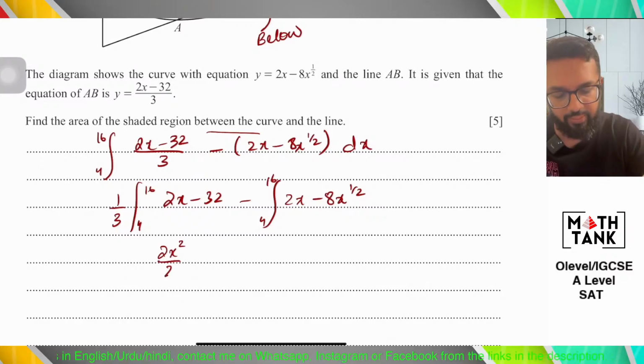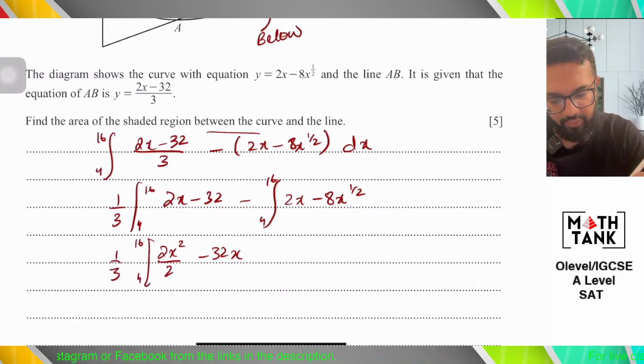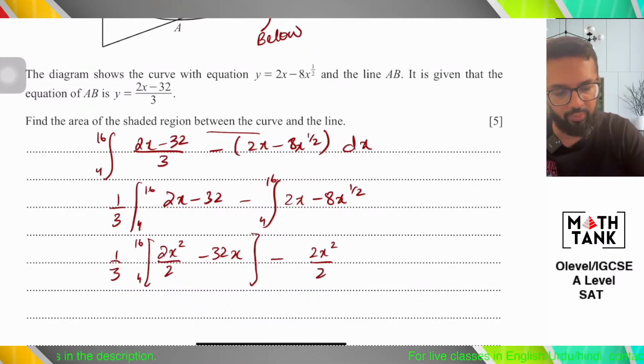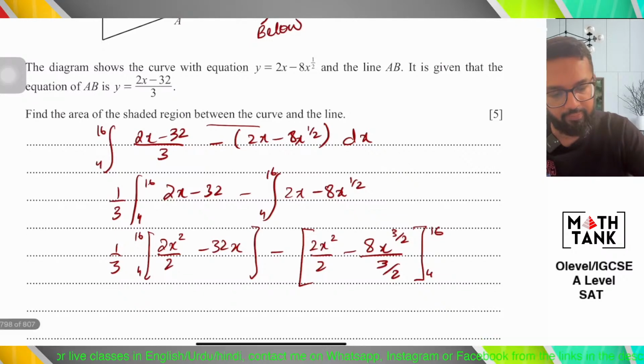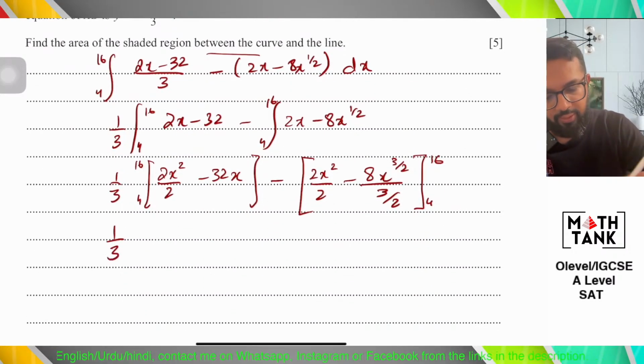Right, now 2x squared over 2 minus 32x over 3, from 4 to 16. Then 2x squared over 2, 8x to the power 3 over 2 divided by 3, from 4 to 16.